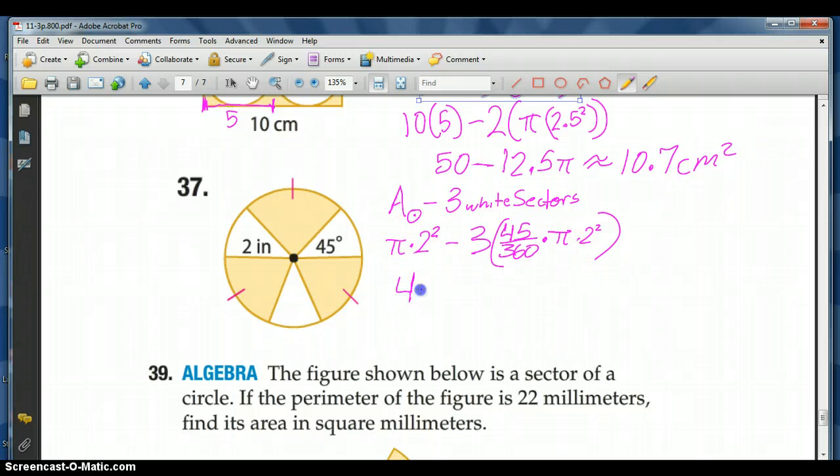We would have 4 pi minus, we could simplify, 3 goes into 360 120 times. 2 squared is 4.